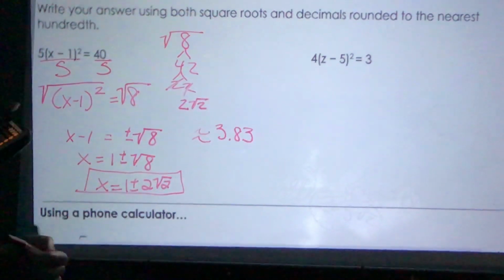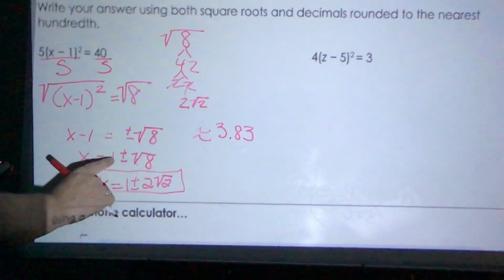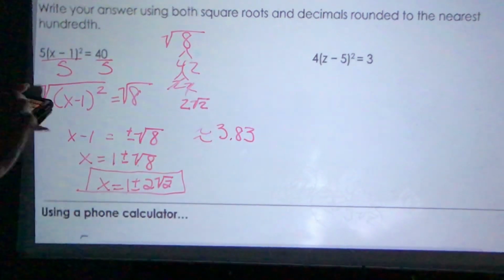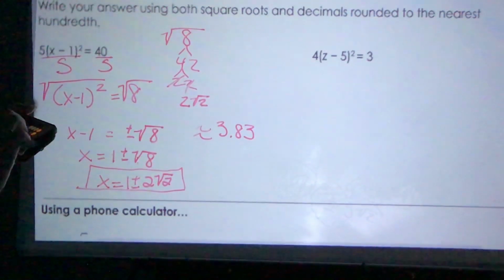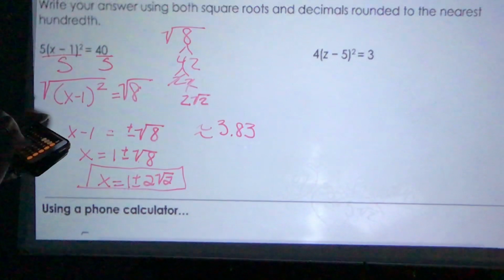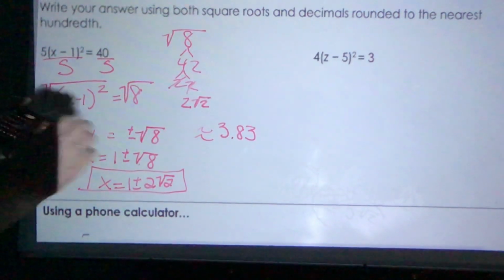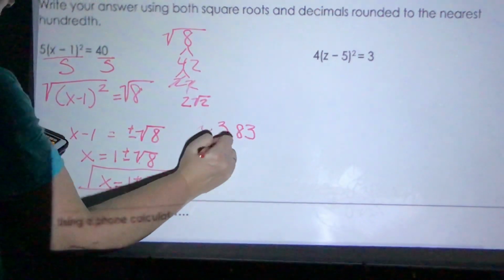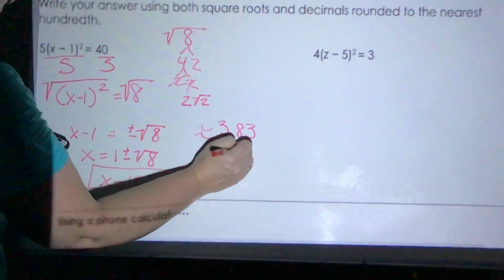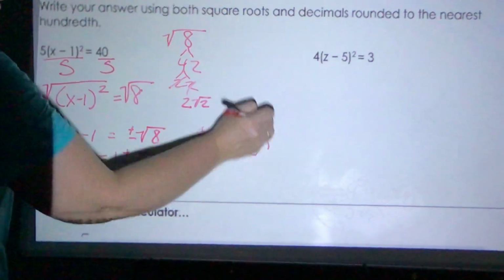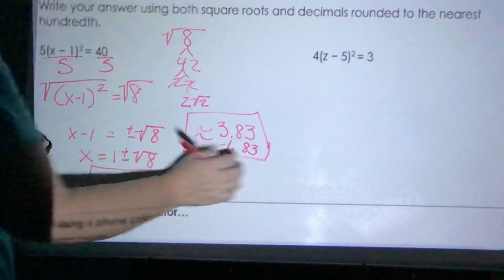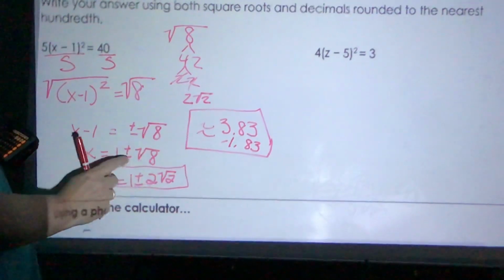You want to make sure you can do that on a calculator and get that. Now I need to do 1 minus the square root of 8, which equals approximately negative 1.83. So these would be my 2 decimal approximations for this.